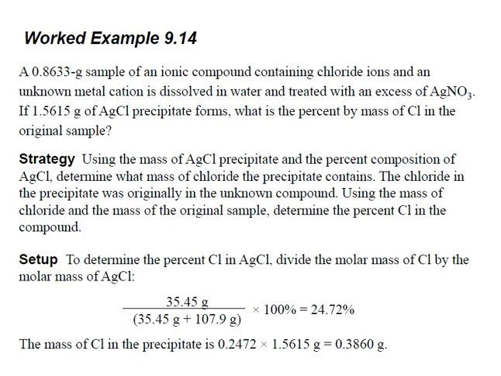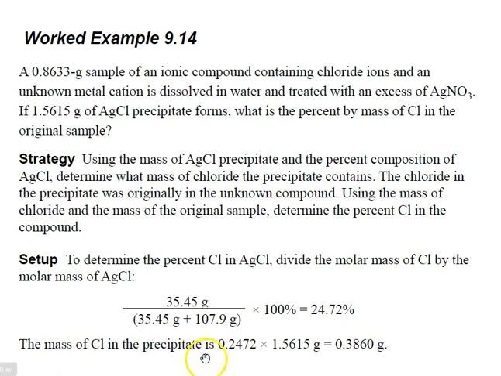So our setup here, we can determine the percent chlorine in silver chloride by taking the molar mass of chlorine and the molar mass of silver chloride, which is shown here. In the numerator, 35.45 is our mass of chlorine, and 35.45 again, mass of chlorine. This would be mass of silver. So both of those together is total molecular weight of silver chloride. So percent of chlorine in silver chloride is 24.72%.